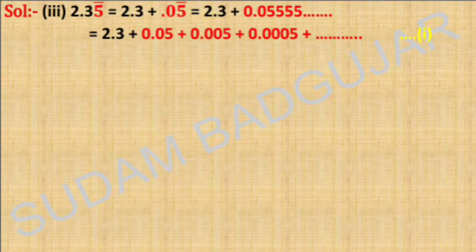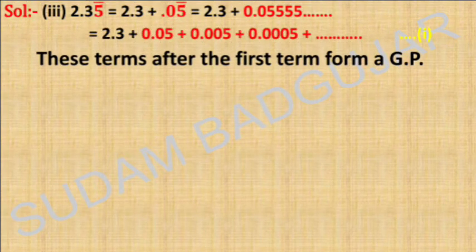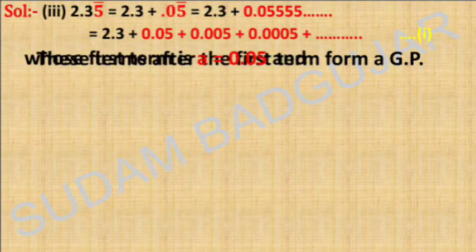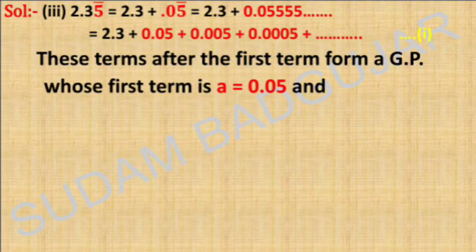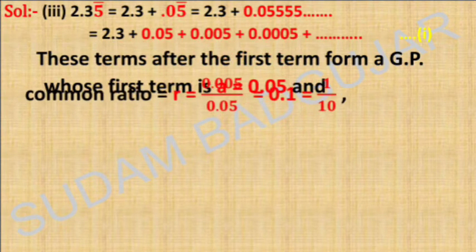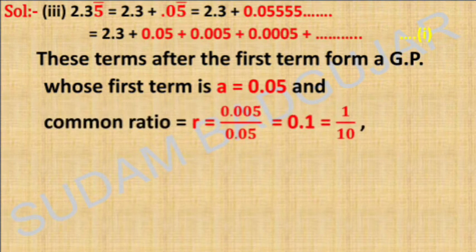These terms after the first term, these red color terms, means these terms after 2.3, form a GP whose first term is 0.05 and the common ratio R is equal to 0.005 upon 0.05, which is 0.1, that is 1 upon 10.